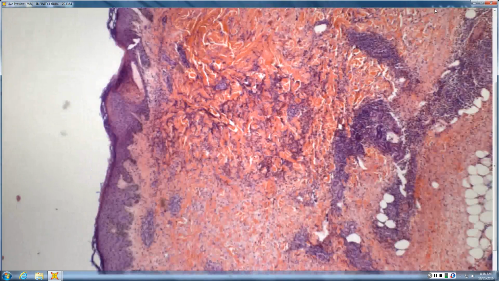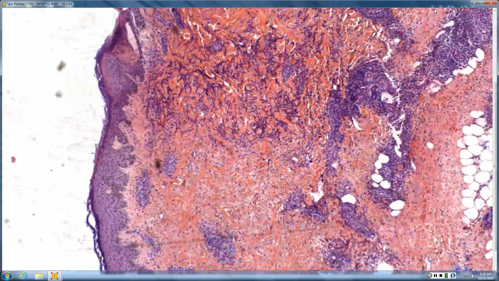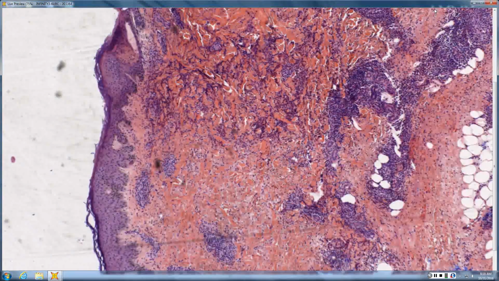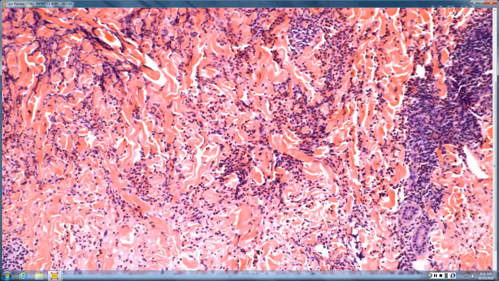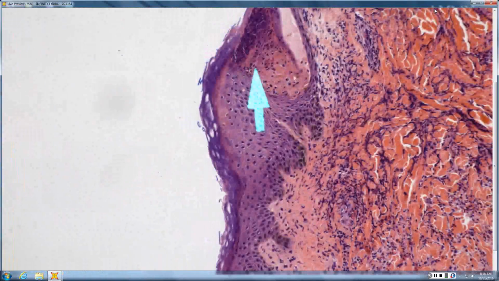Looks like we have, again, edema, like pallor of the papillary dermis. There's interstitial and periadnexal infiltrate. Looks like a lot of eos and neutrophils and big time nuclear dust around there.